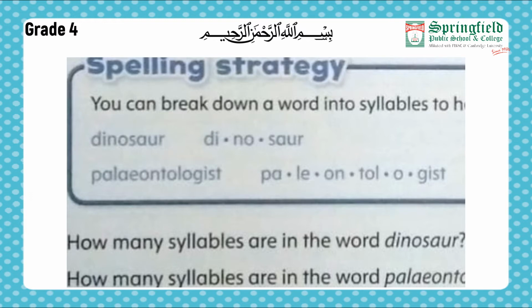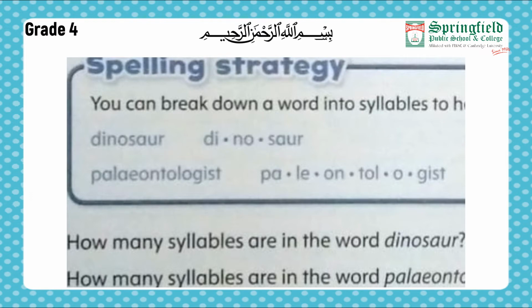Well, the very important rule that you need to remember is every syllable must have one vowel. So, when you are breaking down a word, you are going to look at it closely. You are going to see how many vowels are there, and then you are going to break down the word accordingly.